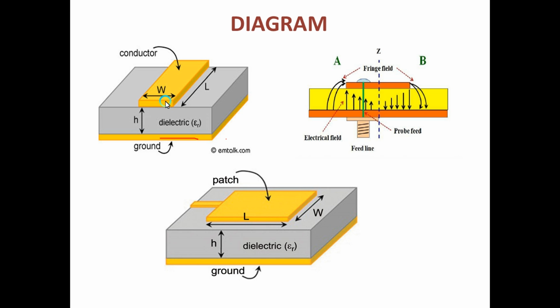The radiation of the fringing field created due to this transmission line is very small, practically zero. Theoretically the fringing field in the transmission line is zero, but practically it contains some radiation.